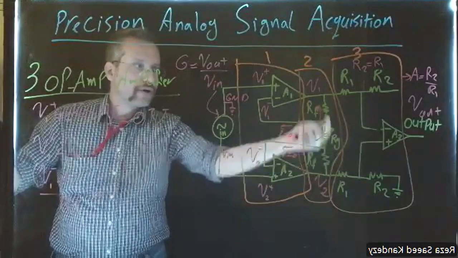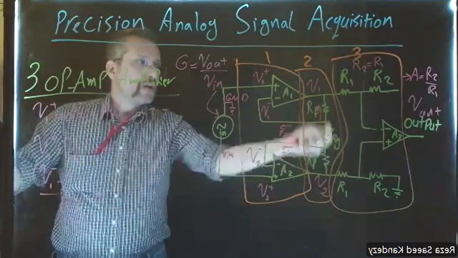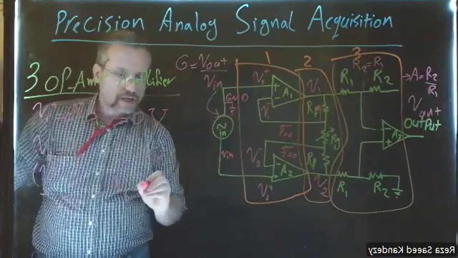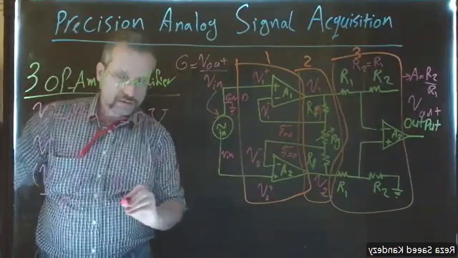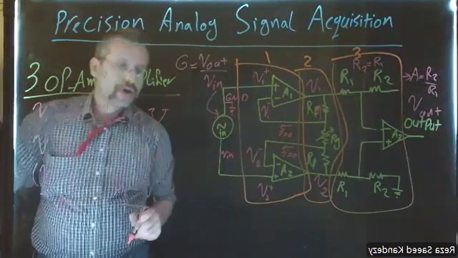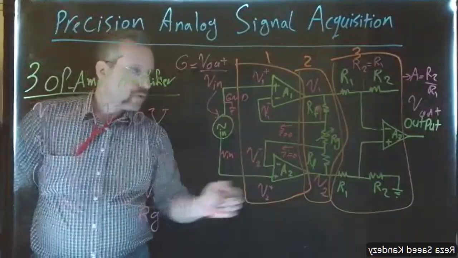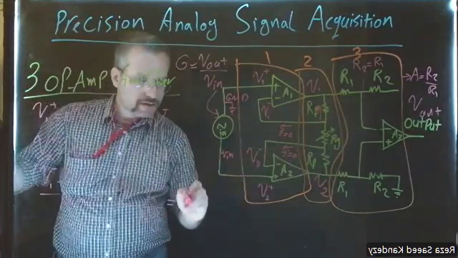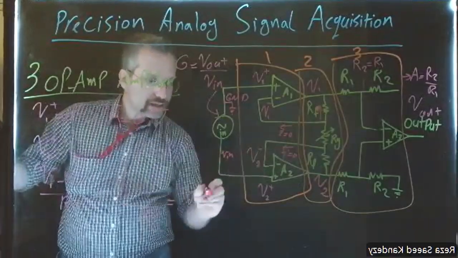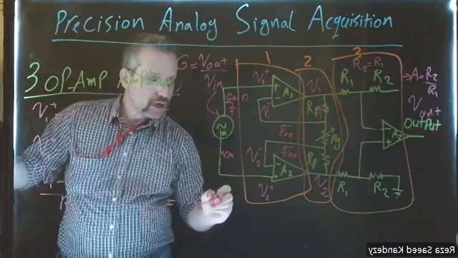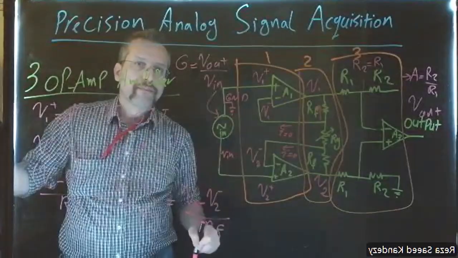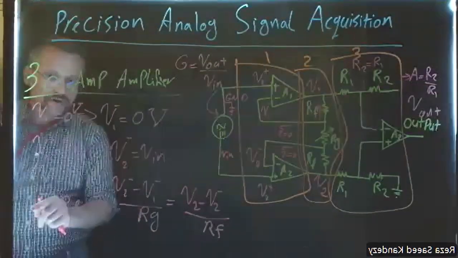What is the current passing through RG? It's V2 inverting minus V1 inverting over RG. Same goes for the second RF, which means it's V2 minus V2 inverting over RF.